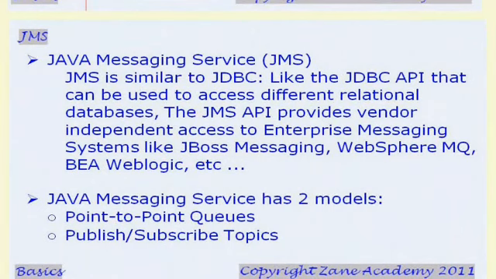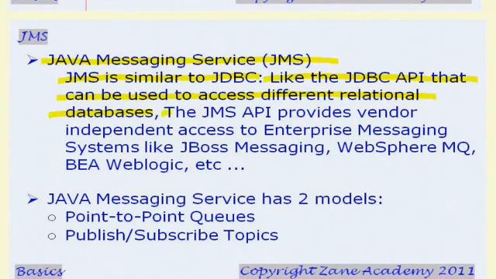The Java Messaging Service is similar to JDBC. Like we have in the JDBC API, we can use the JDBC API to access different relational databases. We can do essentially the same thing with JMS.